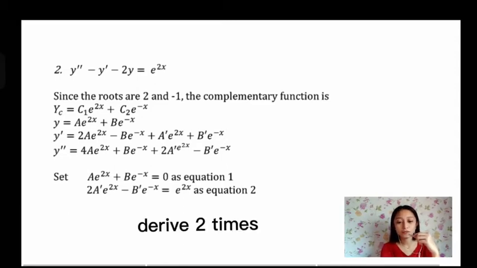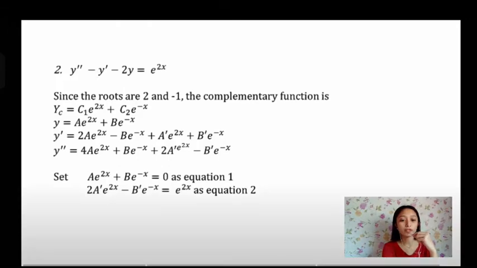Then derive natin siya ng dalawang beses dahil 2 degree yung equation natin. Naka 2 degree, kaya dalawang beses natin siyang ide-derive.